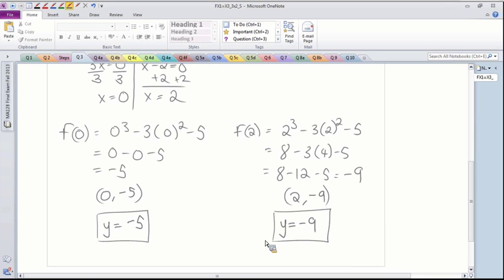So how do we know not to use y equals mx plus b?